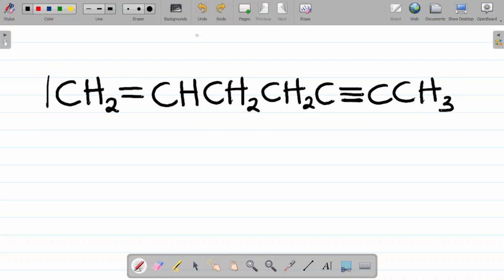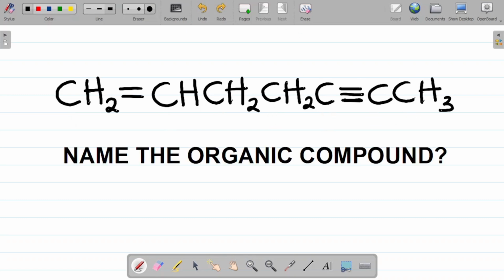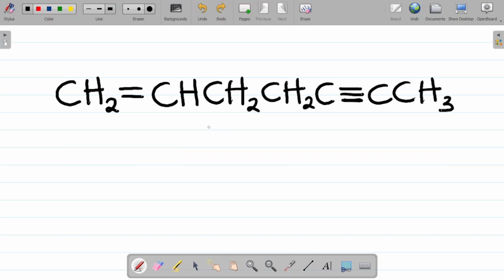If I count the number of carbon atoms here, I have 1, 2, 3, 4, 5, 6, and 7. So I have 7 carbon atoms, which gives you what is called a hept. So this compound, first things first, is a hept because its longest continuous carbon chain has 7 carbon atoms.